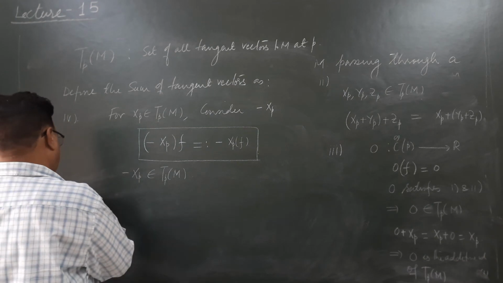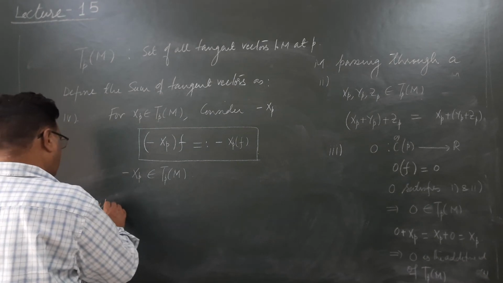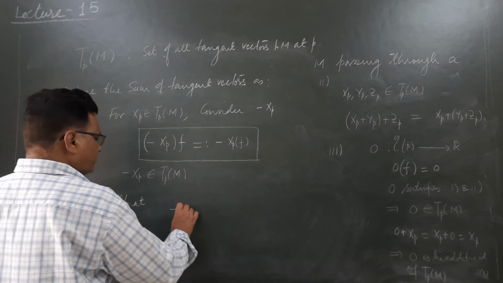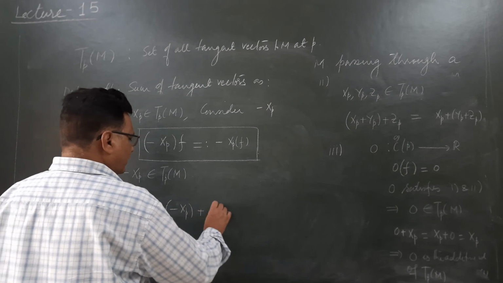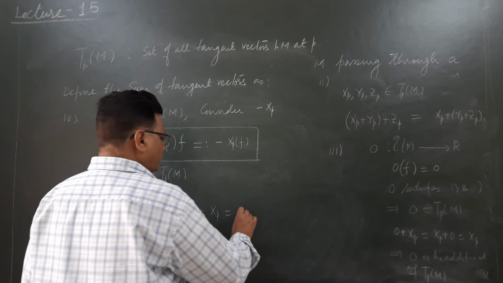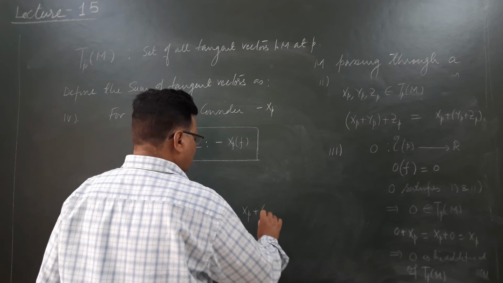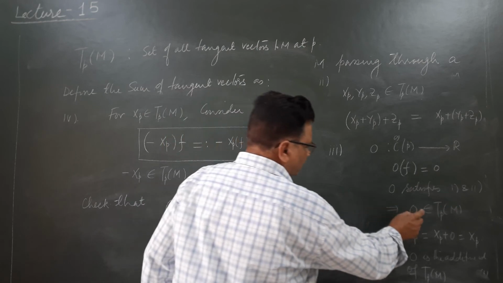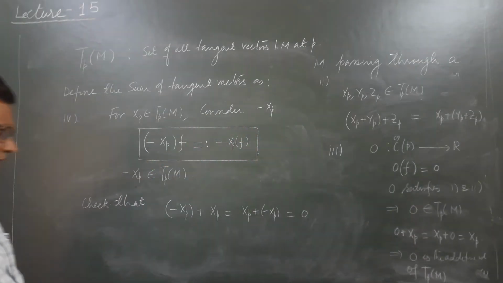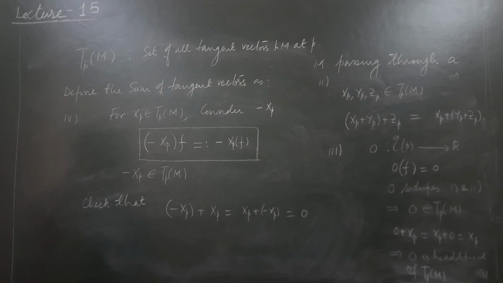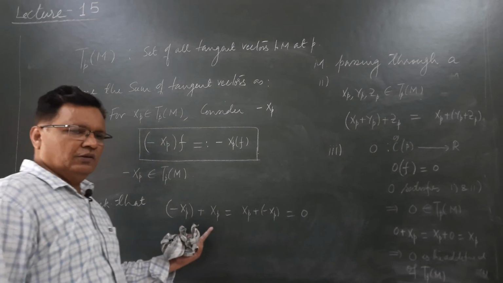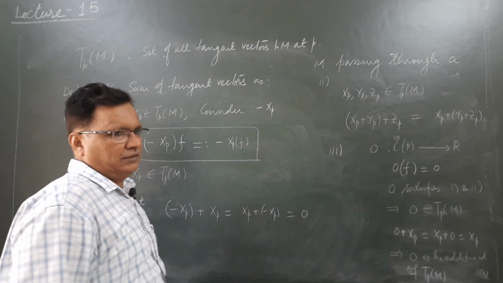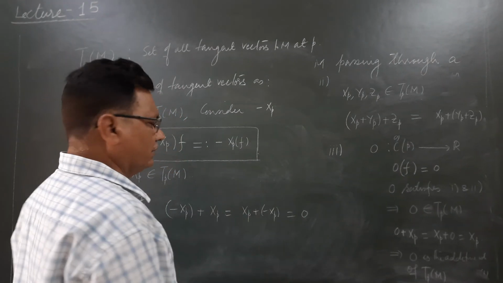Then you have to check that minus xp, when it is added with xp, gives me the value 0. Which 0? This additive identity. This is a matter of checking. So what will we do? We will operate this sum on a function and see whether our answer is 0 or not. Okay, so that will show that it's an identity.